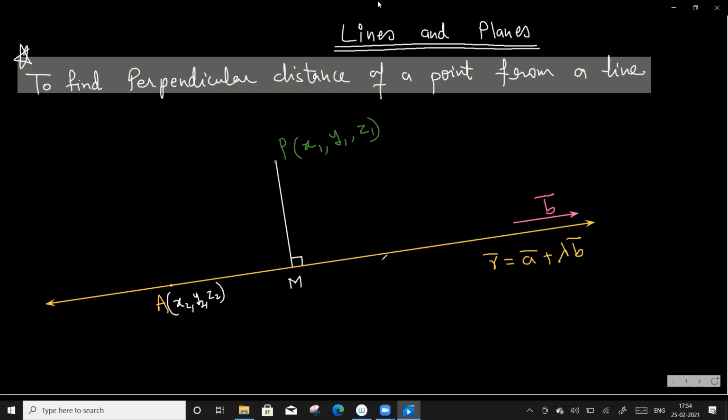Now, I know the coordinates of the point P, I know the coordinates of one point on the line, and I know the DRs of this line. The DRs of the line are known to me. How?